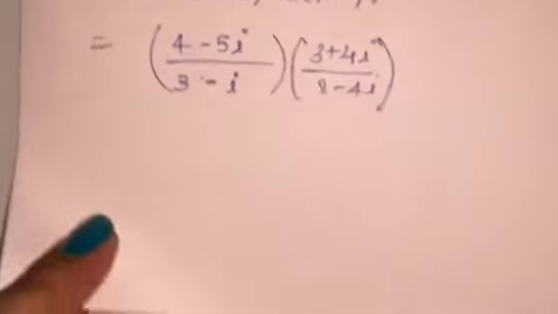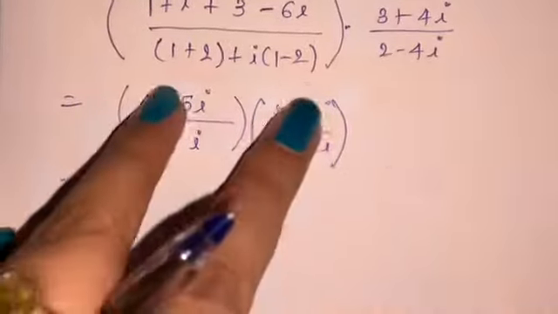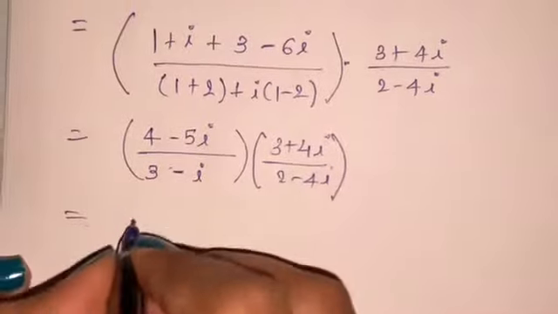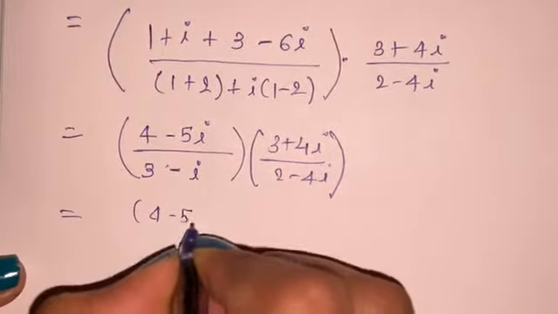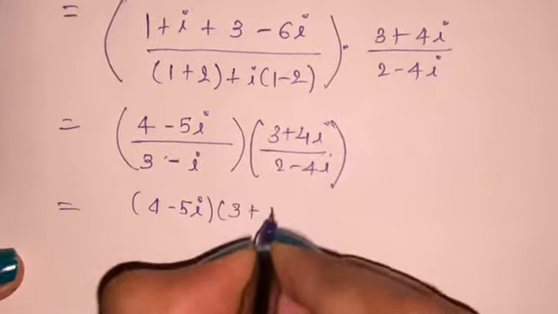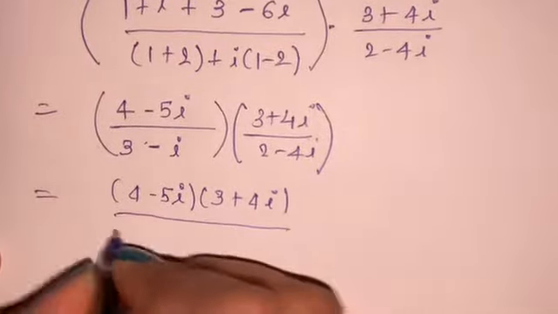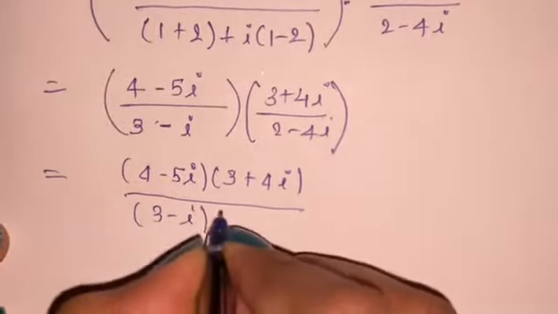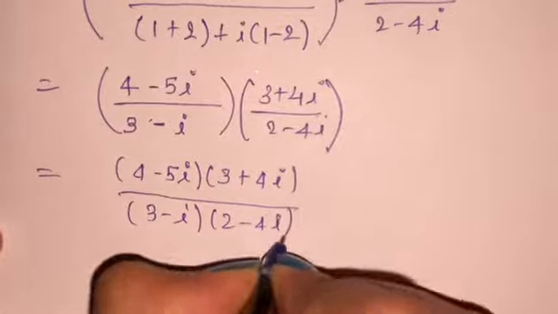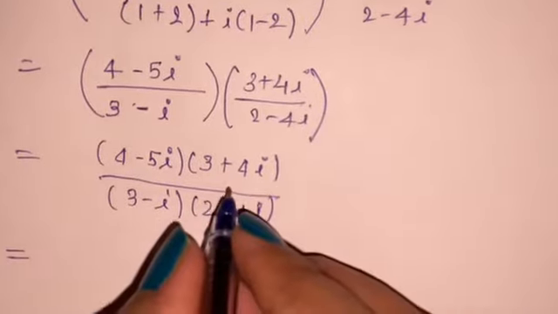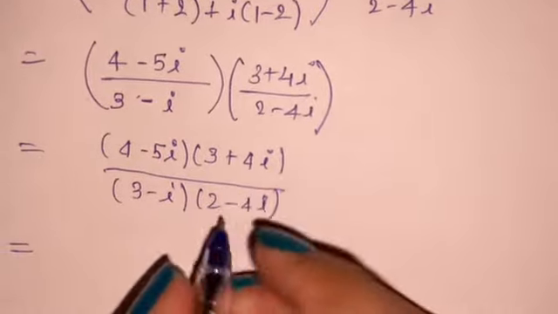Clear up to now? Now next, these two brackets and these two brackets. So 4 minus 5i, 3 plus 4i by 3 minus i, 2 minus 4i is equals to, again multiplication, okay.